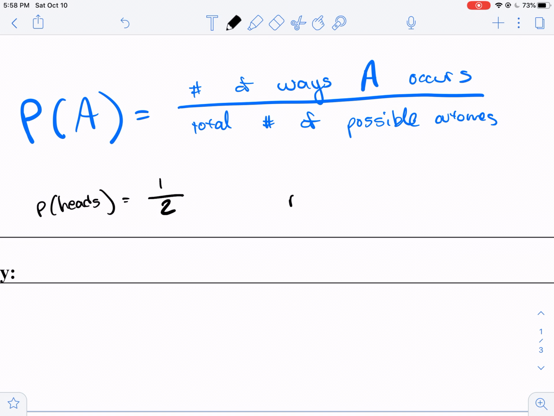However, if I want to say the probability of drawing an ace from a deck of cards, there are 4 aces in a deck of cards, and there are 52 cards total, not including jokers. So that would be 4 over 52, which reduces to 1/13. So that's fun.